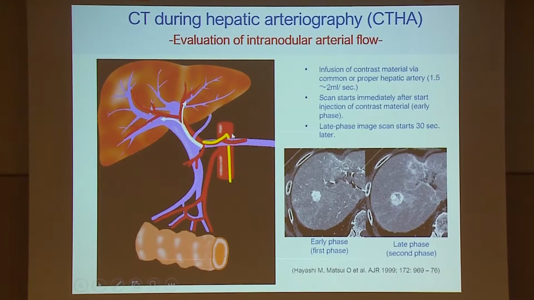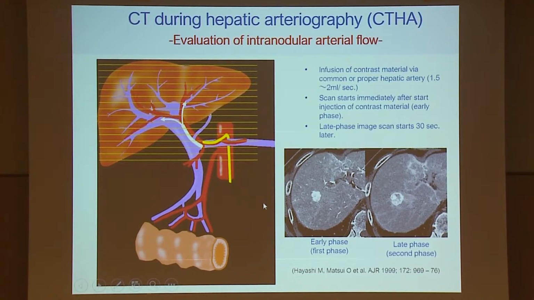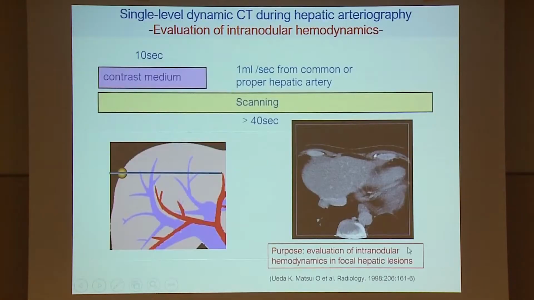In CTHA, a catheter is inserted into the common or proper hepatic artery, and contrast medium is infused during the scanning of the liver. During scanning, we take CT once. This is called the early phase or first phase. After cessation of injection of contrast medium, we again take CT of the liver, and this is called the late phase.